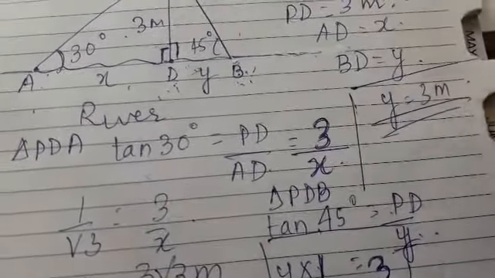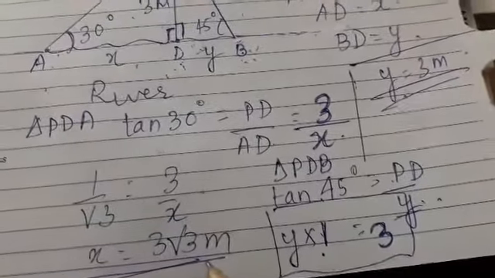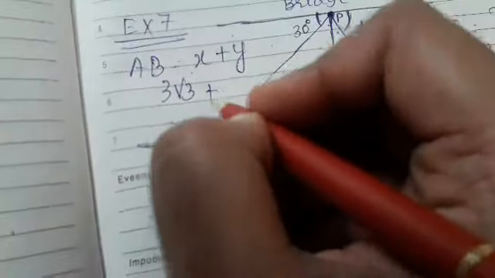Now if Y is equal to 3 meters and X is equal to 3 root 3 meters, what is the total length of the river? We will write AB is equal to X plus Y. X is 3 root 3 and Y is 3.